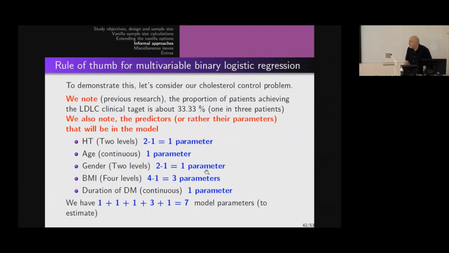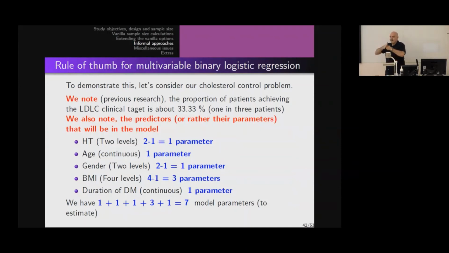Gender is one parameter, which is the difference between males and females. BMI is 3 parameters: compared to healthy, underweight effect, overweight effect, obese effect. Now that's weird. Sorry, I've had to skirt around this, but this is the number of things that a model will estimate. We don't actually estimate the 4 groups.